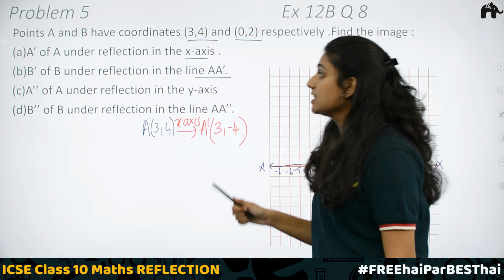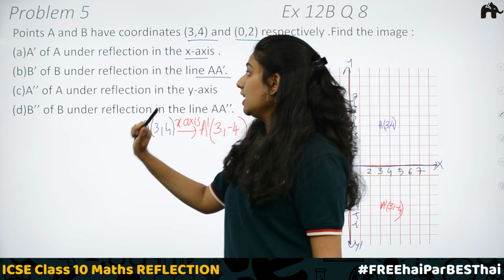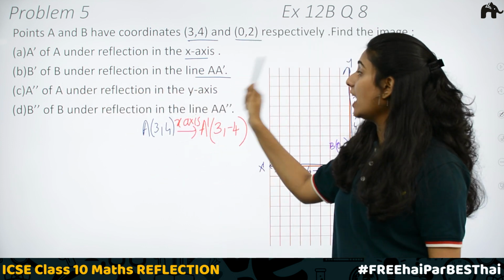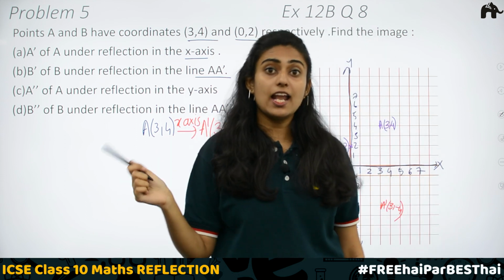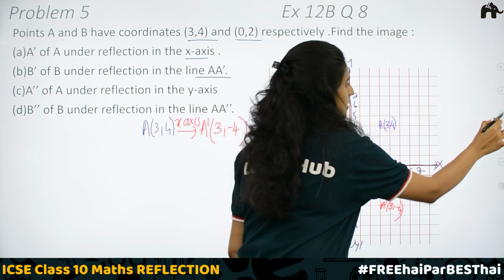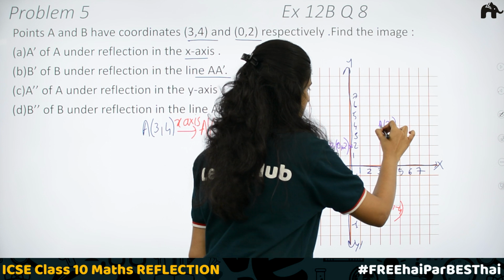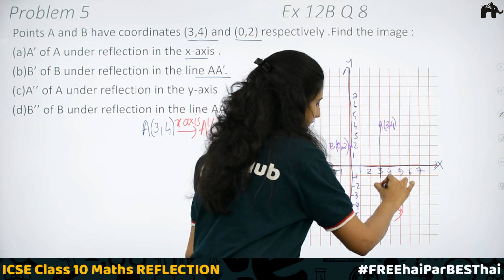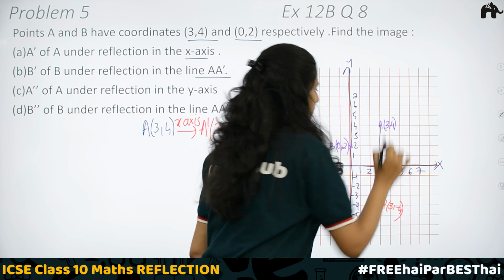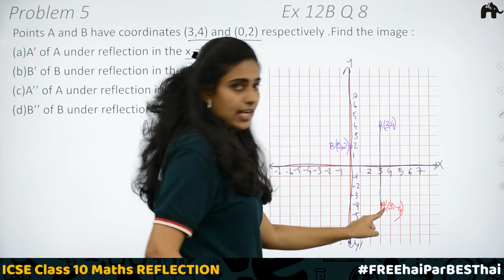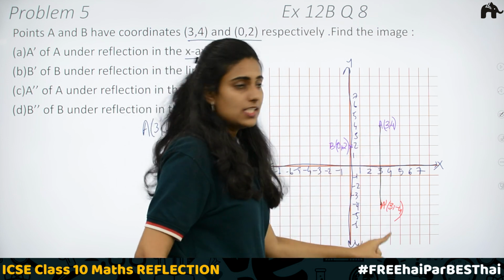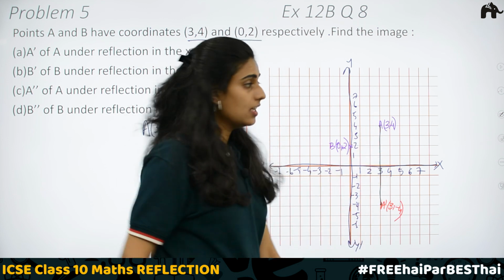Now the second question, B dash of B under reflection in the line AA dash. First we have to get the line AA dash. This is line AA dash. Okay. From A to A dash, when you join these 2 points, we get the line AA dash.